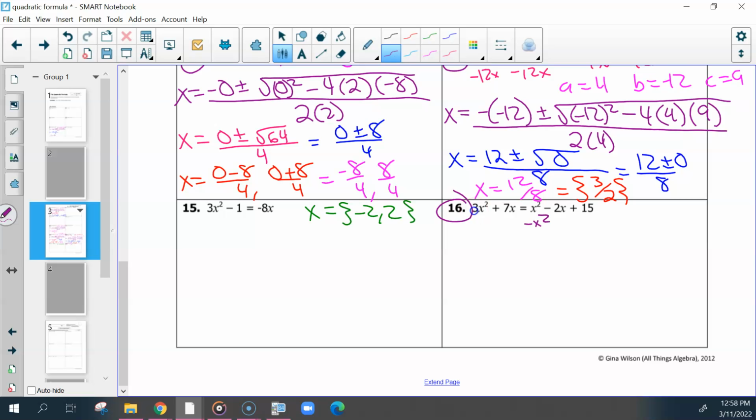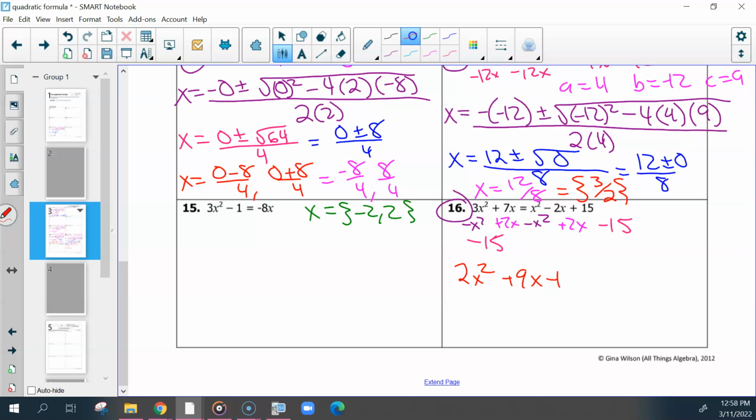So I'm going to subtract my x squared, add my 2x, and subtract my 15 over here somewhere. And then I would combine my like terms. 3x squared minus x squared would give me 2x squared. 7x plus 2x would be plus 9x.